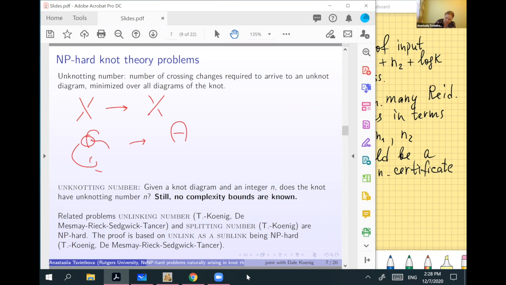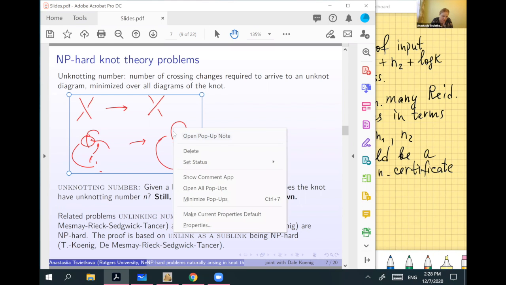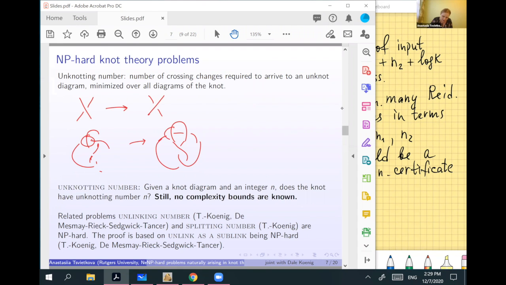And then instead you would have this, and very quickly you would arrive at an unknot. If I just substitute one overpass with one underpass, very quickly I will get something completely unknotted.